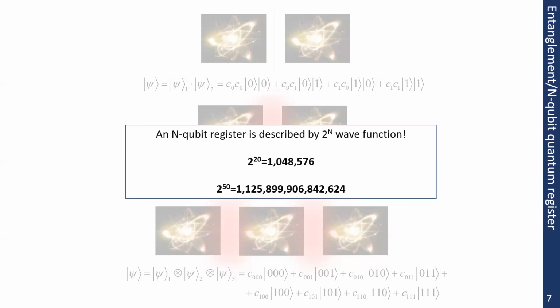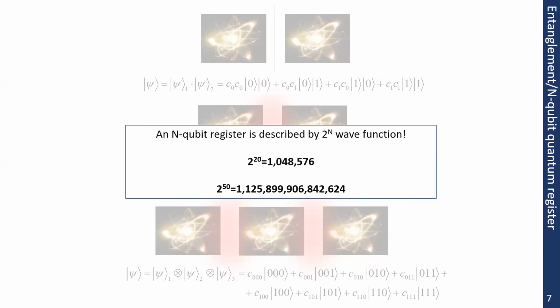For example, in the case of 20 qubits, which is rather trivial today, we get more than 1 million quantum amplitudes. And each quantum amplitude, by the way, is a complex number, so it has a real and an imaginary part, right? Or amplitude and phase, alternatively. So you should multiply by 2.